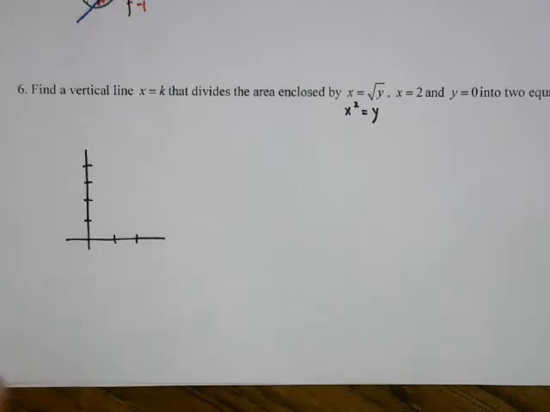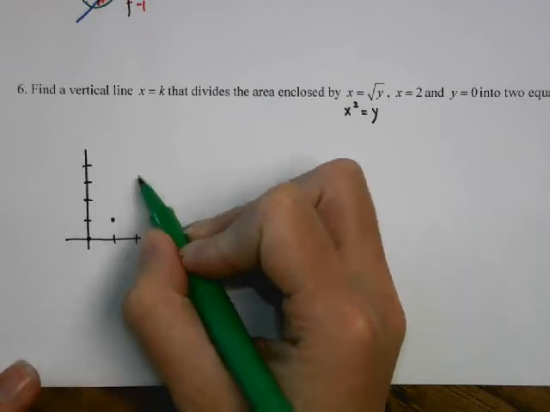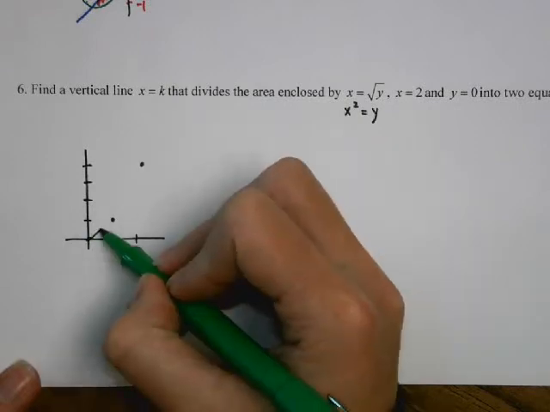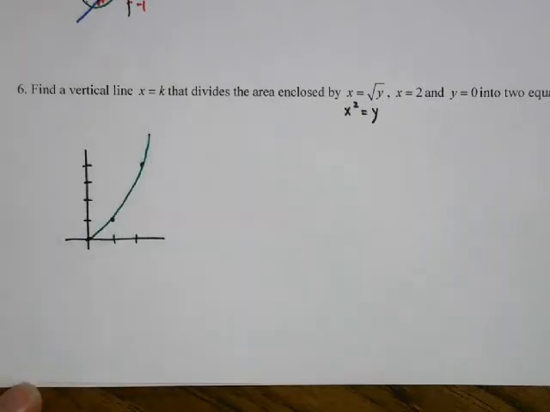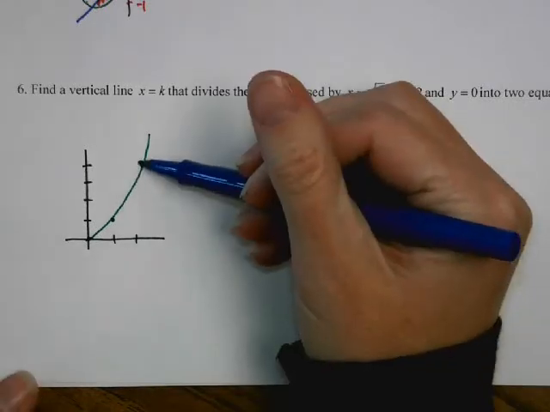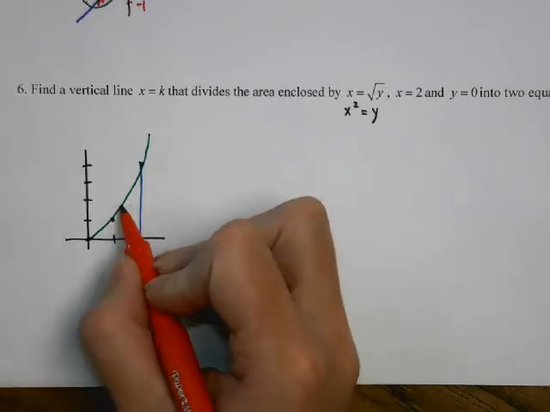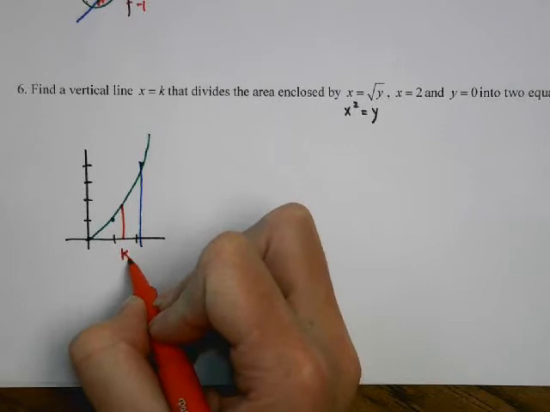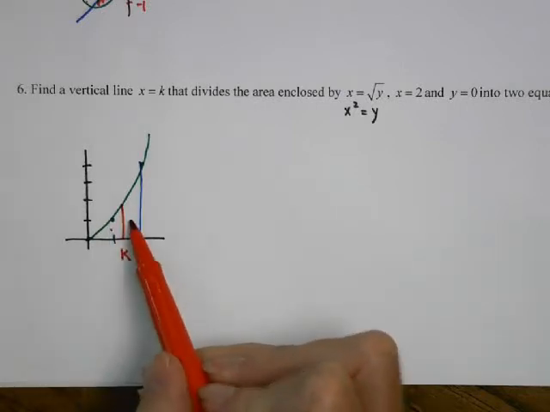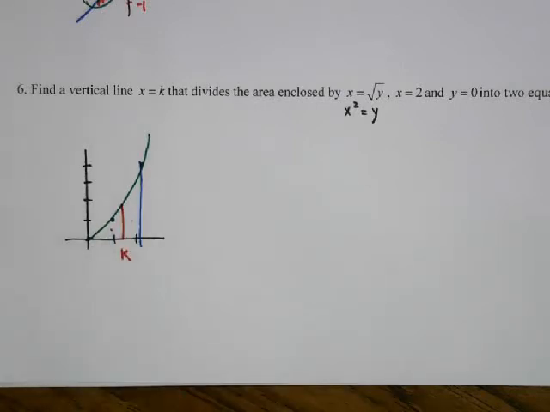Okay, so y equals x squared. x equals 2 is our vertical line there. And we're trying to find a k that makes it so that this area is equal to this area.